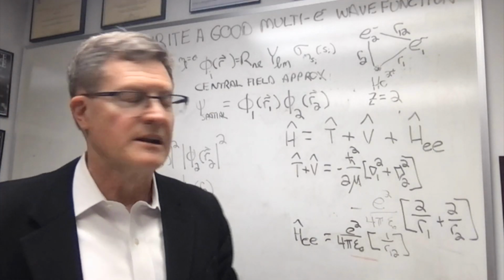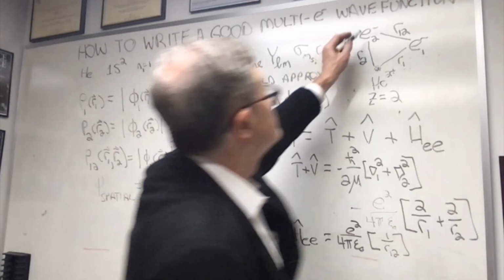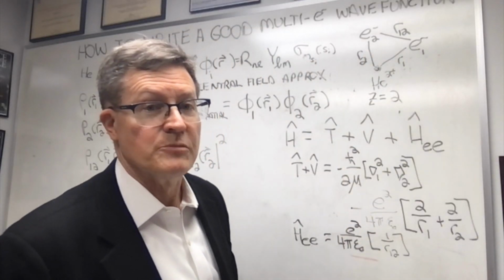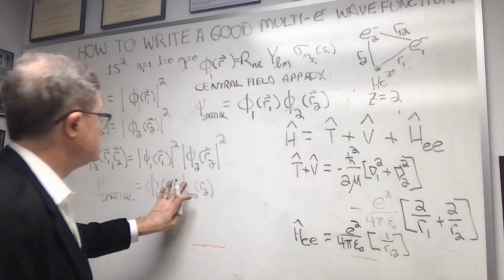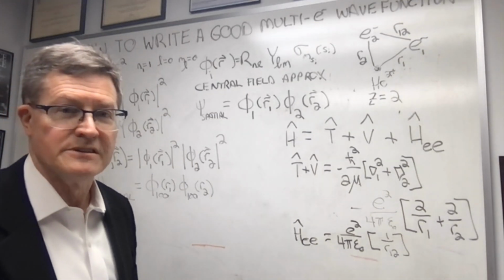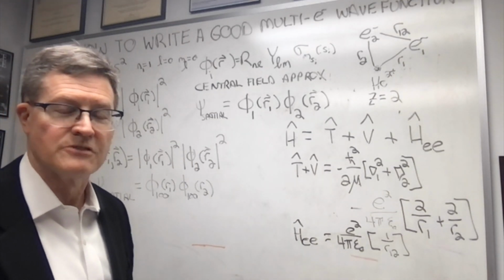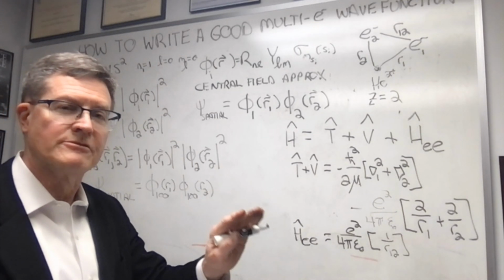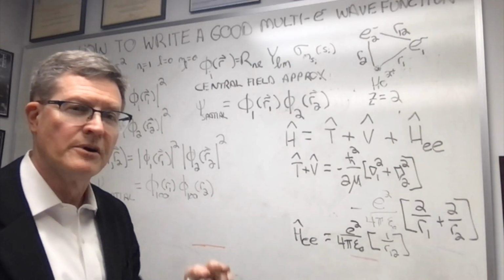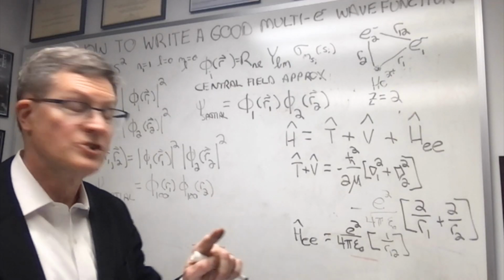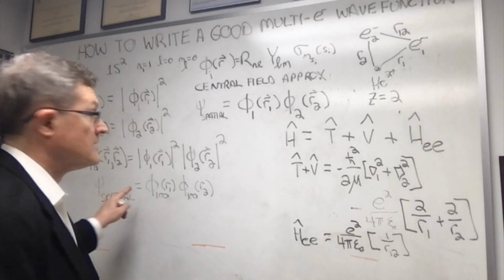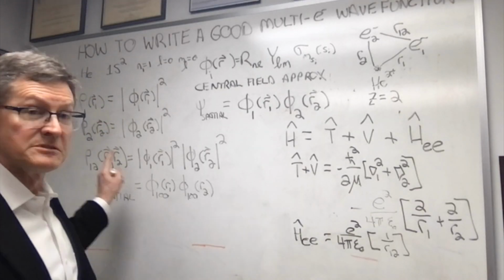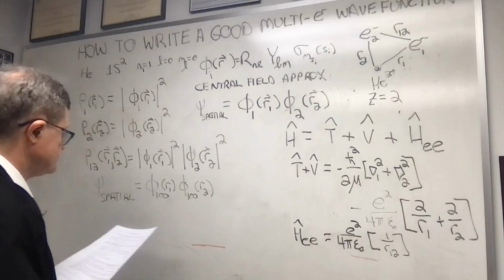What else do we know about electrons? Electrons are indistinguishable. And that means if we swap, we don't know which one is electron 1 and which one is electron 2. So the mathematics has to show this, that if we swap R1 and R2, we should get the same spatial distribution.